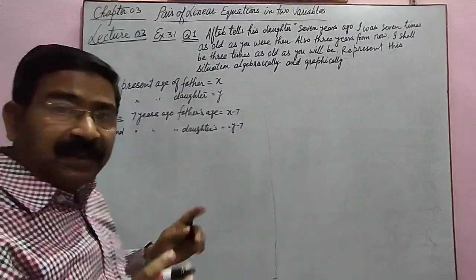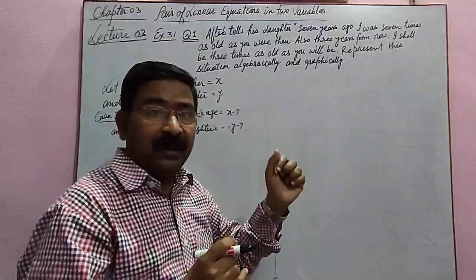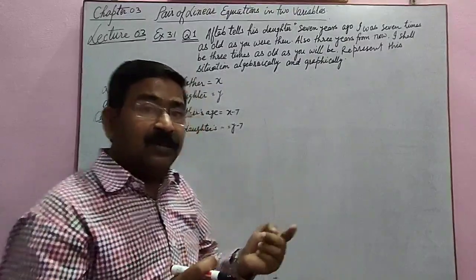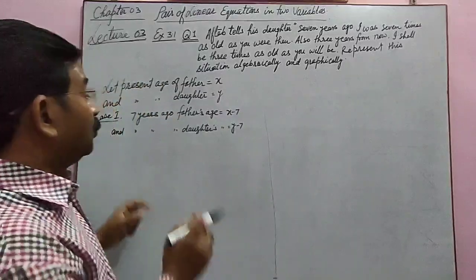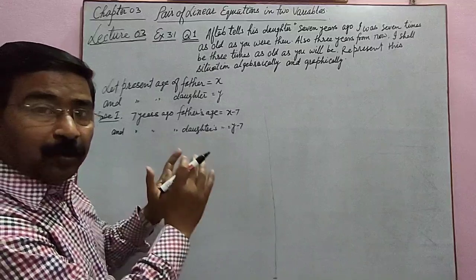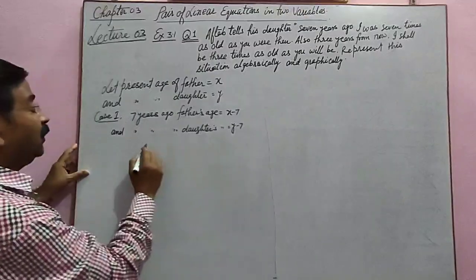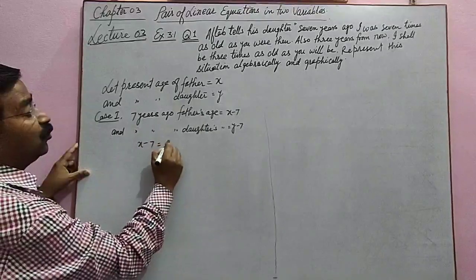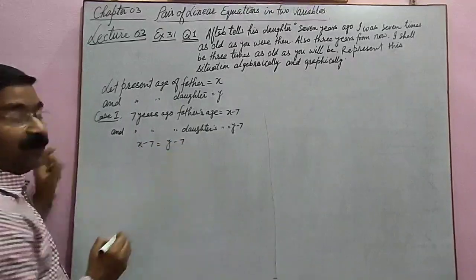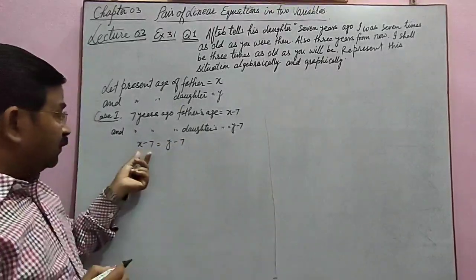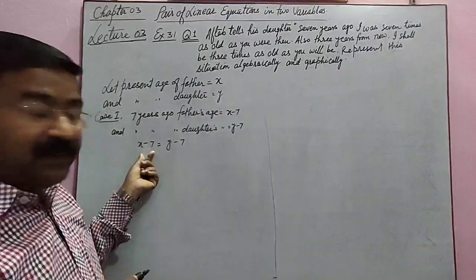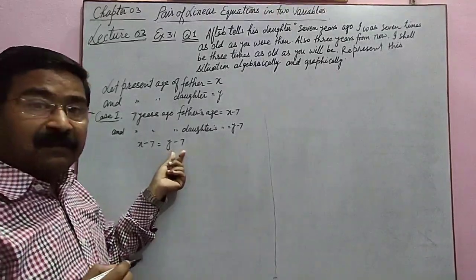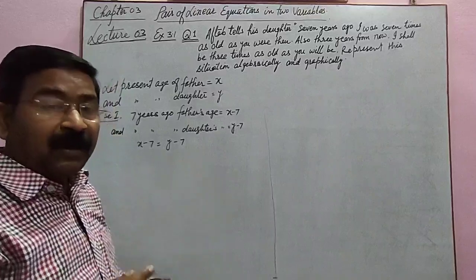Let us compare their ages at that moment. Means 7 years ago, what was the comparison? So we write the ages of both persons on two sides of equal, like x minus 7 is equal to y minus 7. See, x minus 7 is father's age 7 years ago, y minus 7 is daughter's age 7 years ago.